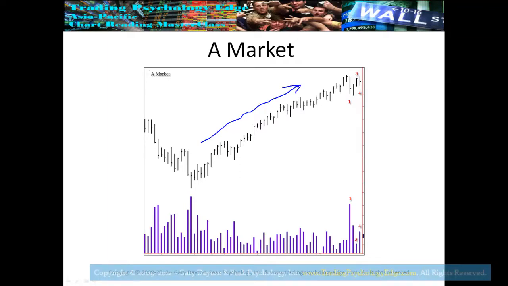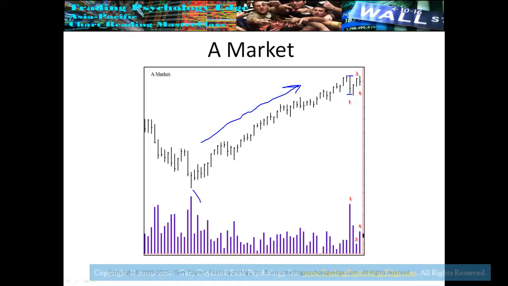What do we notice about bar number 1? We notice supply. Yeah, we notice supply. The spread of this bar is pretty good size, right?